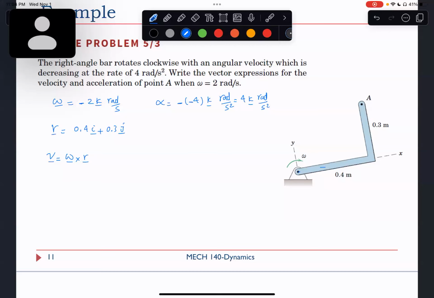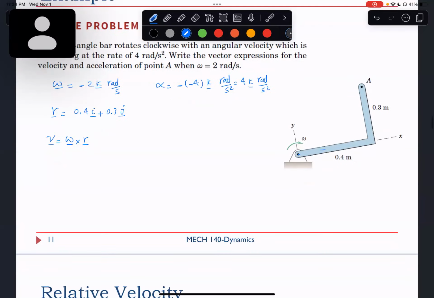Okay. Now let's compute omega cross r. Omega is minus 2k, r is 0.4 i plus 0.3 j. Now we have to remember how to do this. i, j, k.